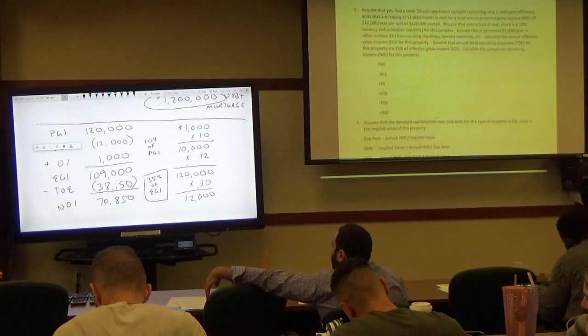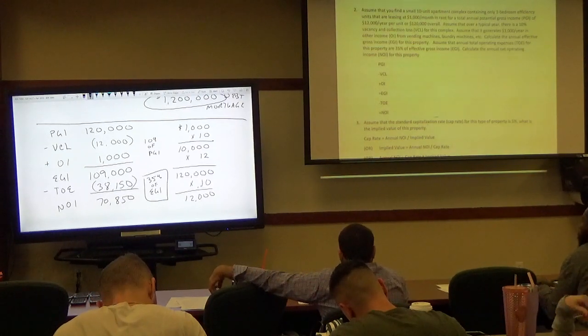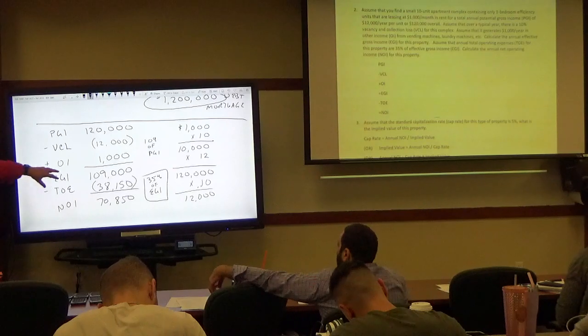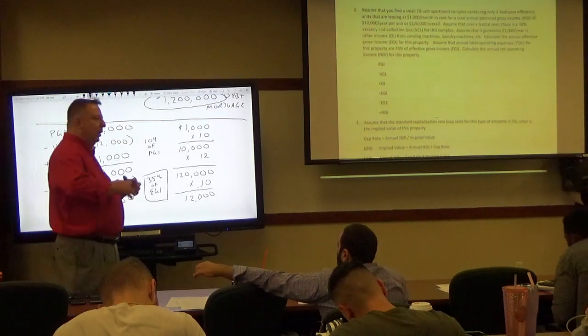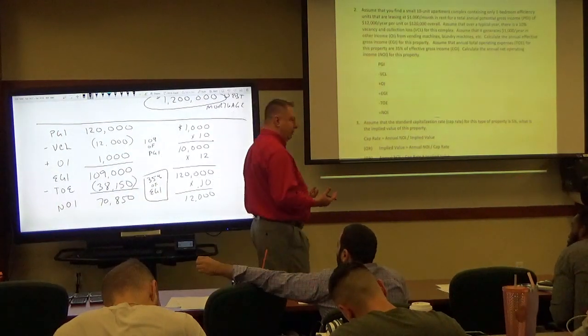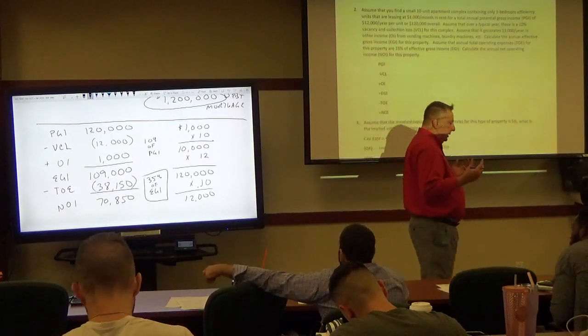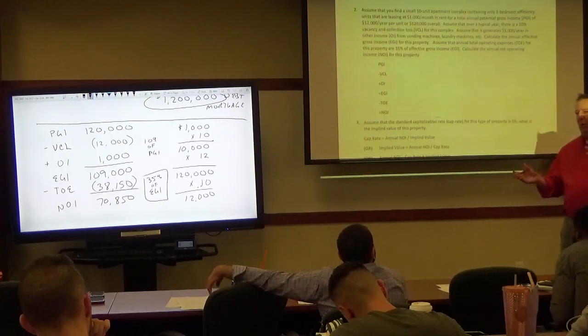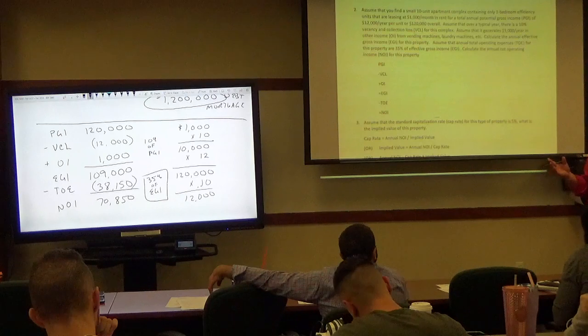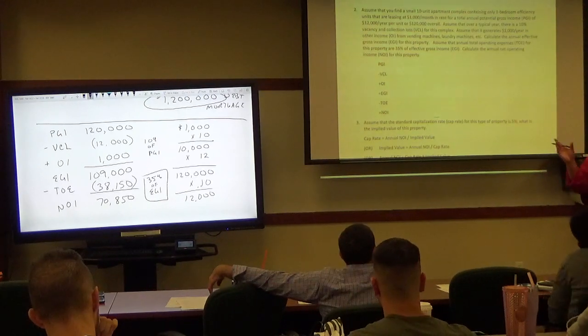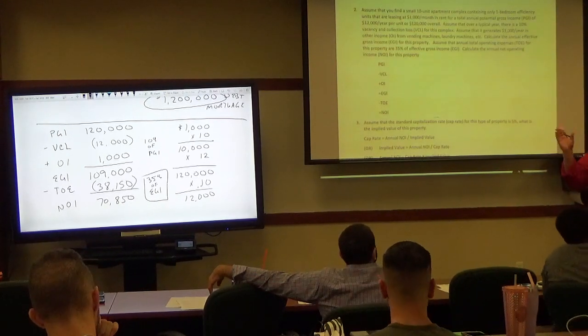All right. So now we've got our net operating income, which, as I said, is kind of the key to unlocking what the value of a commercial real estate property is. Because contrary to what you have probably heard many times about what gives real estate value, it's all about location, location, location.